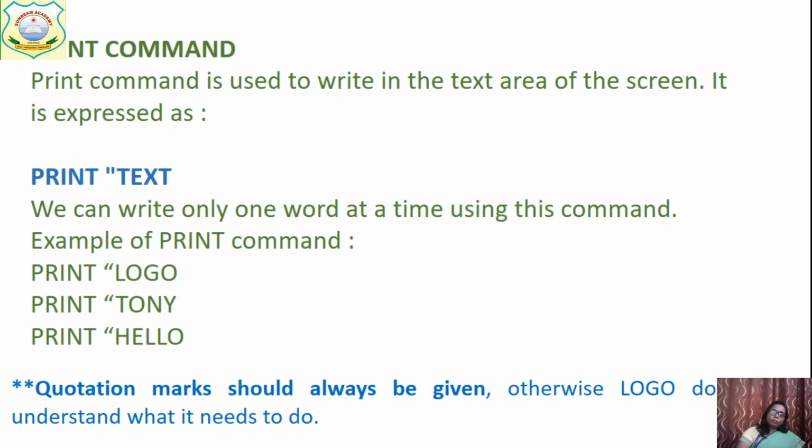So here for double quotes, first press the shift key and then the key on which the quote is given. Now we get that double quote. So this is the syntax for the print command: print, double quote, text.